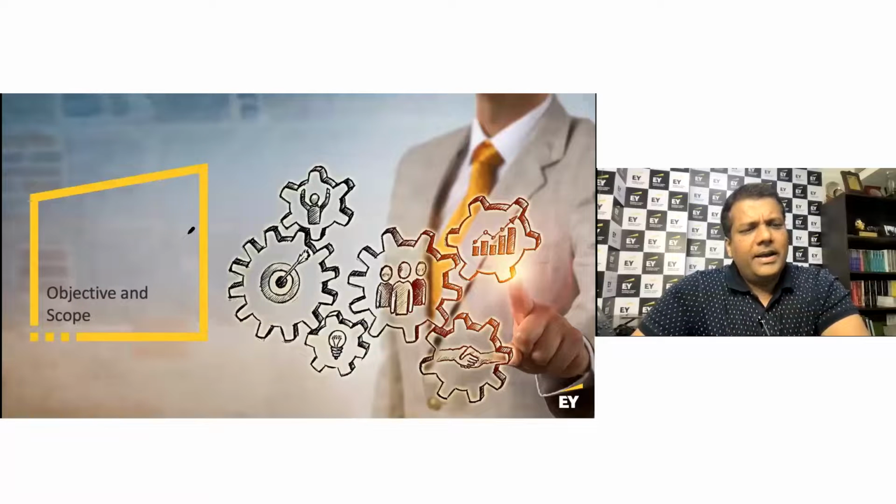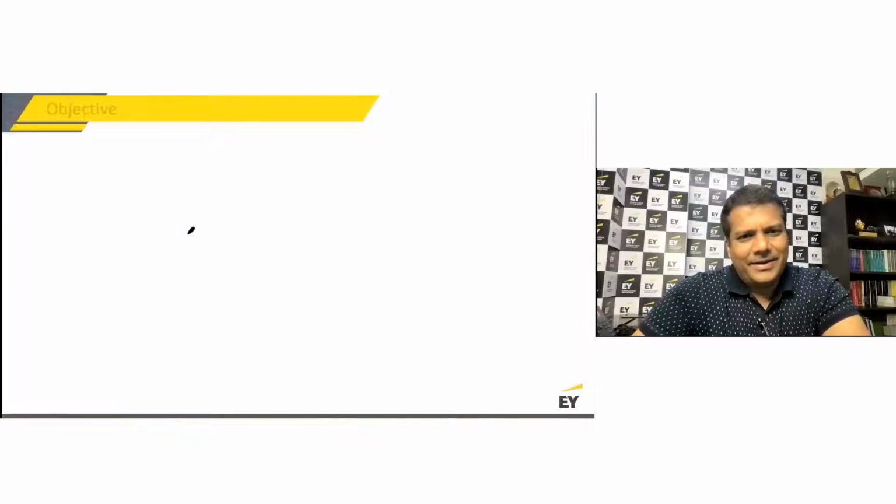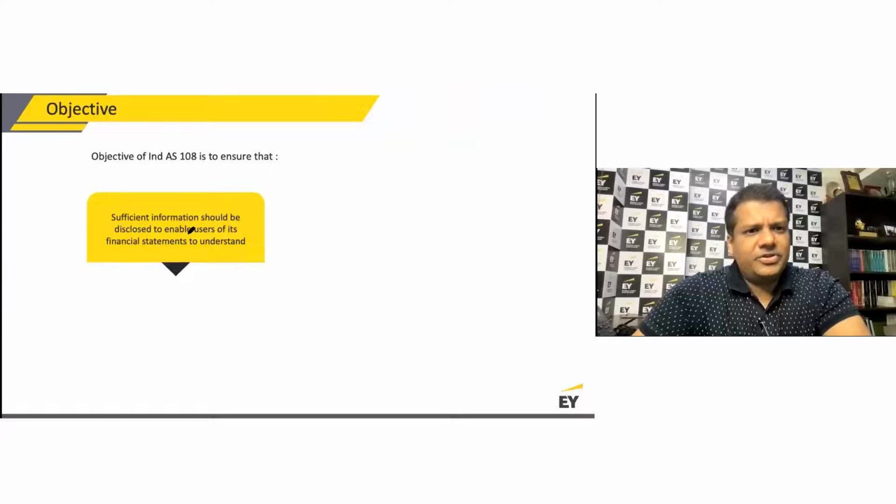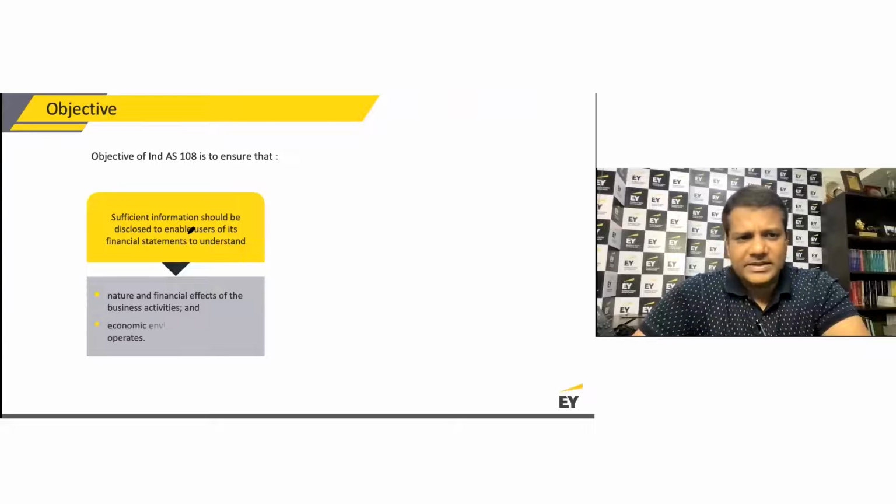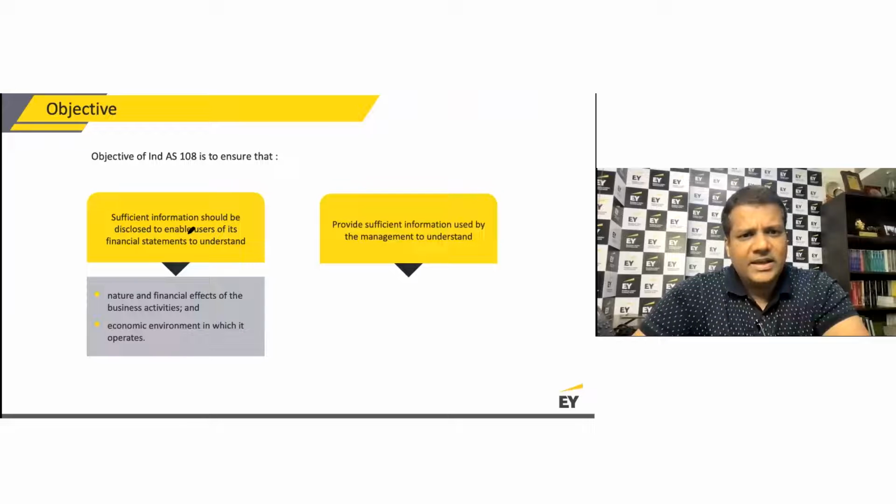All right. Moving forward, in terms of the objective and scope of the standard. The objective of IND AS 108 is to ensure that sufficient information is disclosed to enable users of financial statements to understand the nature and financial effects of the business activity and economic environment in which the entity operates.